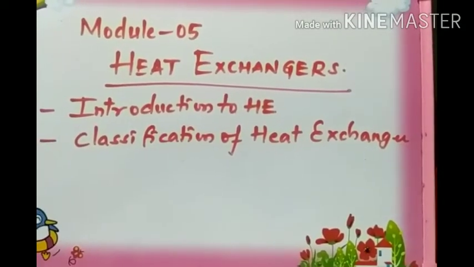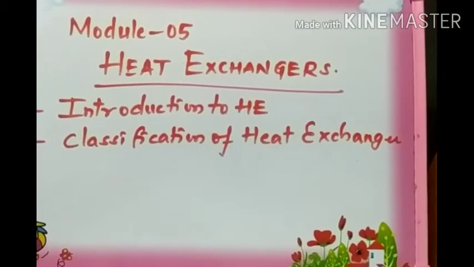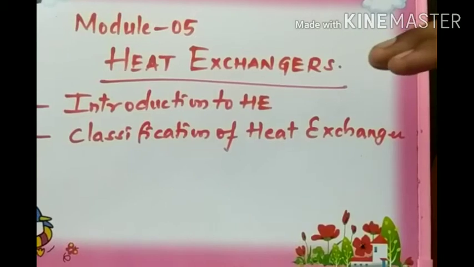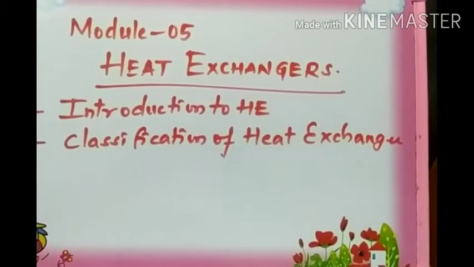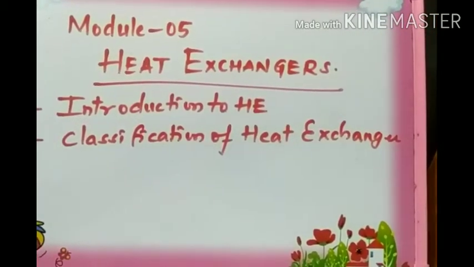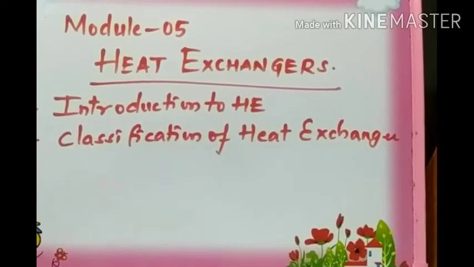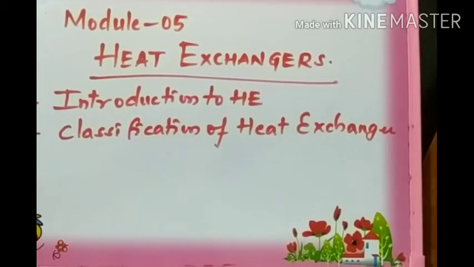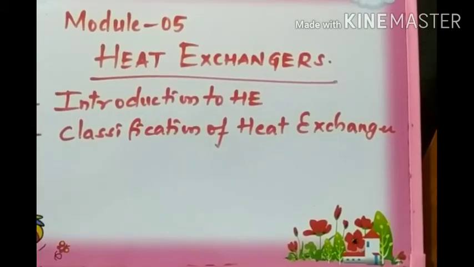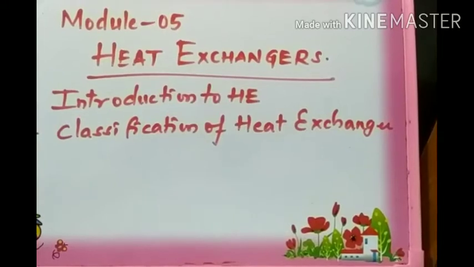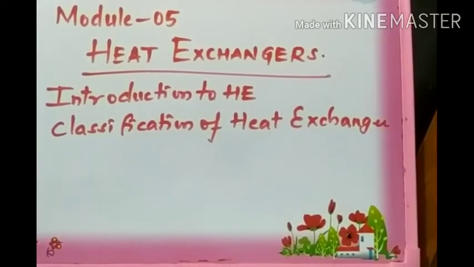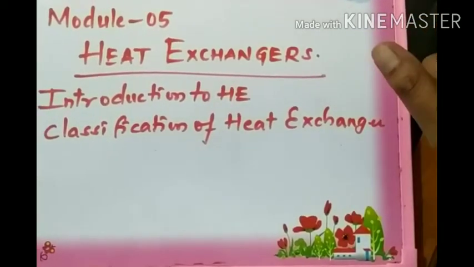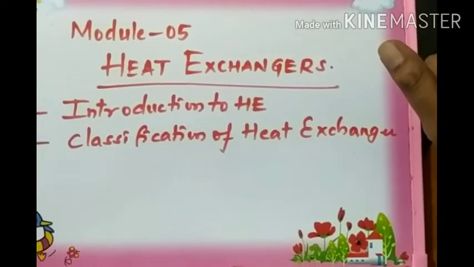If you take the example of a boiler, the exchange of heat occurs between the burnt gases and the water, so that water gets converted into steam. In the condenser, the steam coming from the turbine gets condensed with respect to the cooling water. Thereby the steam converts into a liquid and the cooling water is converted into warm water.